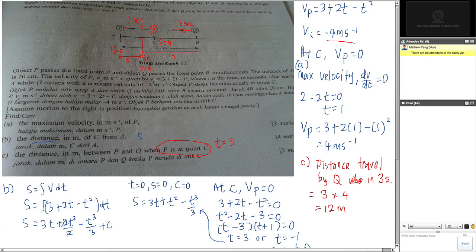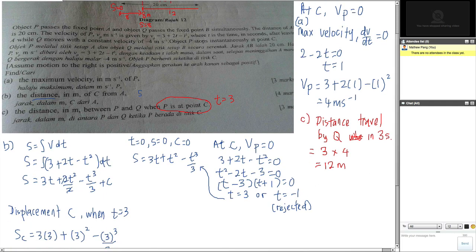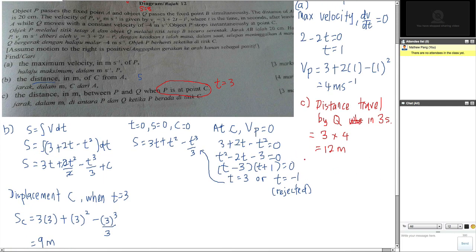Therefore, when t equals 3, the displacement for Q will be 8, and displacement for P will be 9.